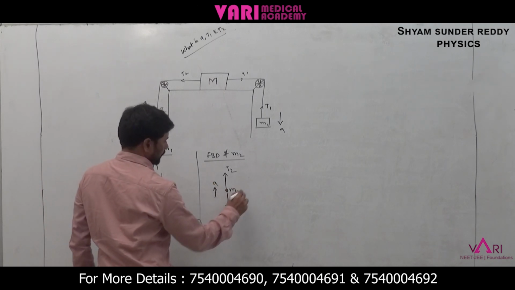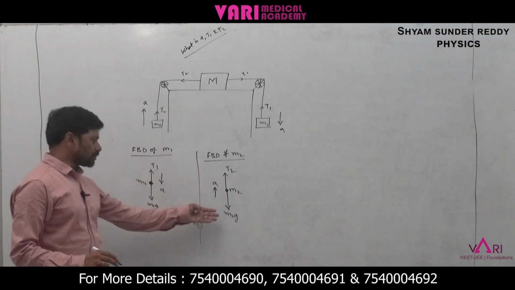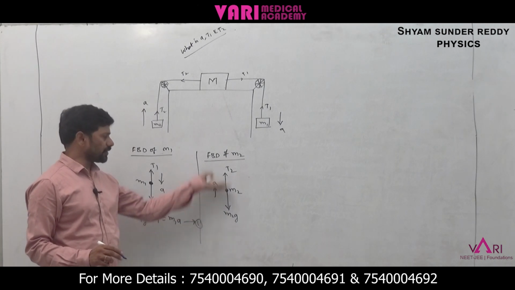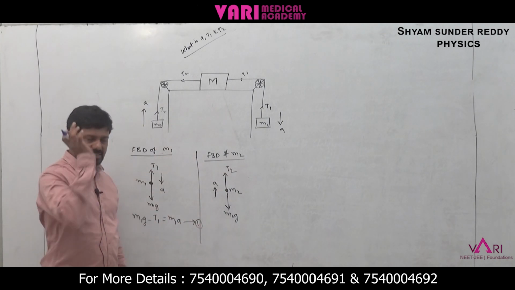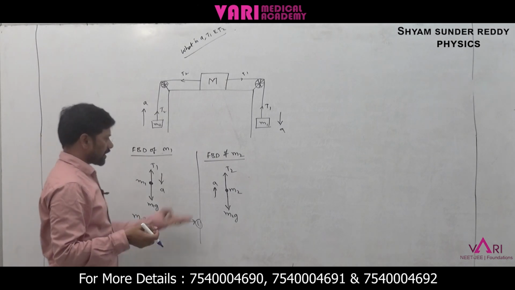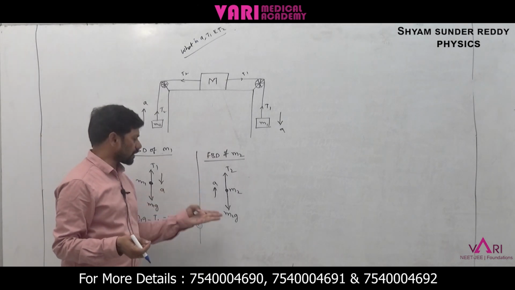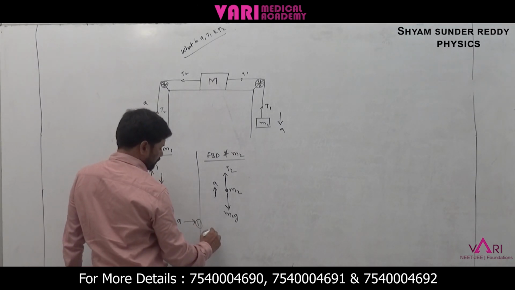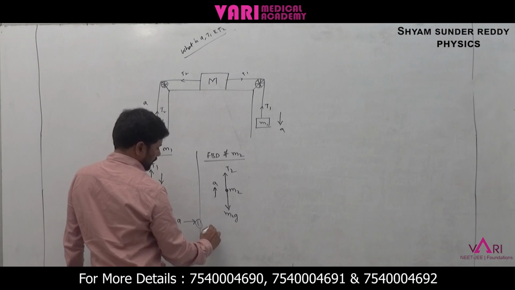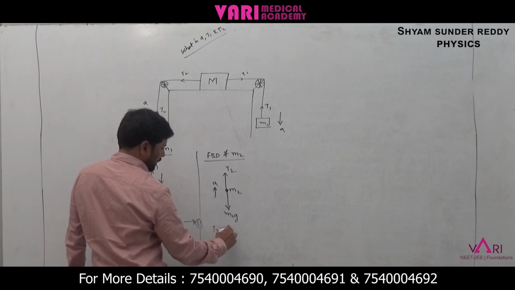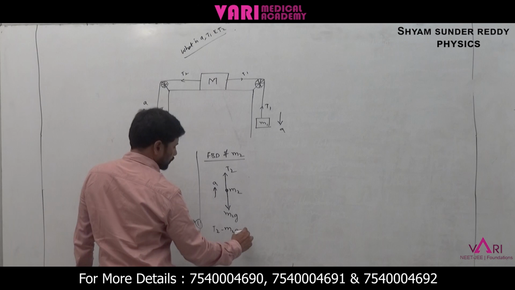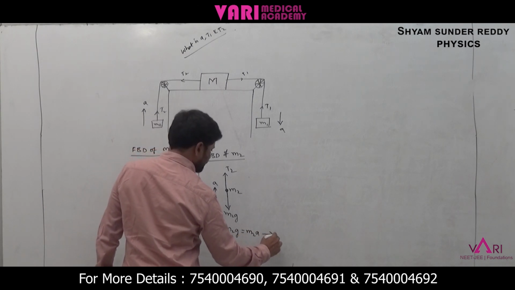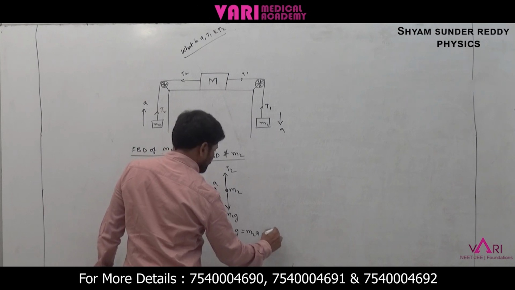Here m2g is less and T2 is more. It is moving in the upward direction, that's why g is taken as negative. Otherwise, simply, T2 is more compared to m2g. So T2 minus m2g is equal to m2a. This is the second equation.